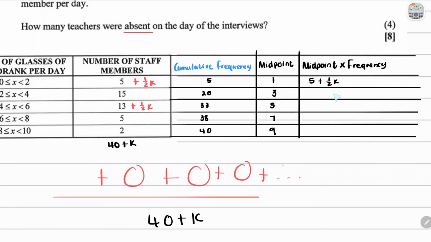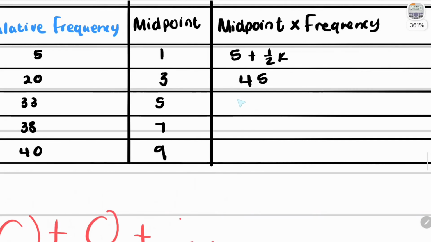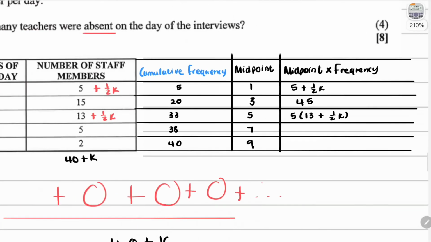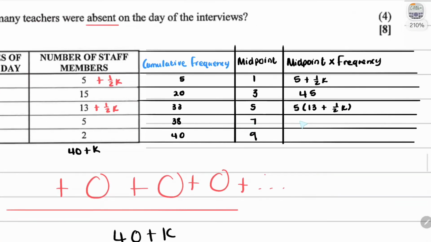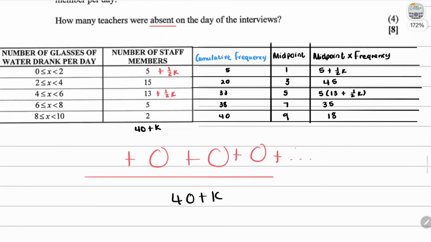And then 3 times 15 gives you 45. Then we have 5 times 13 plus a half k. Those are 2 terms, so you have to write it as 5 times 13 plus a half k. Then 7 times 5 is 35, and 9 times 2 is 18. So these represent the total glasses of water drank.